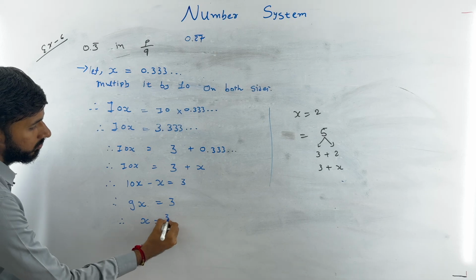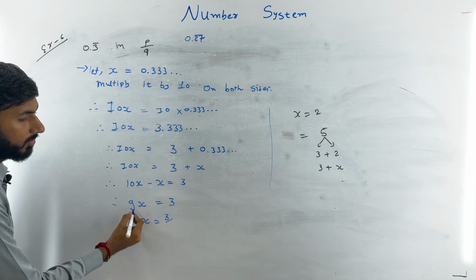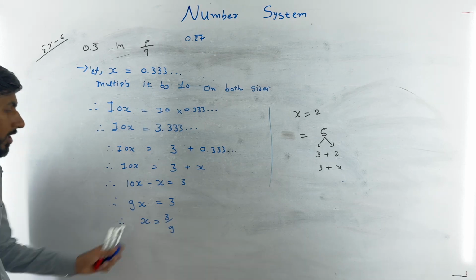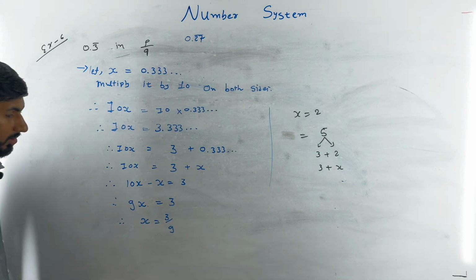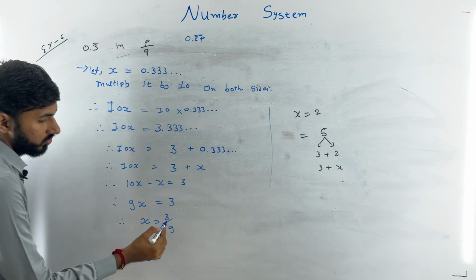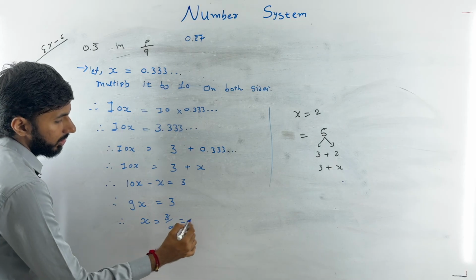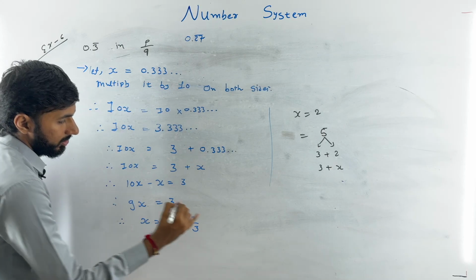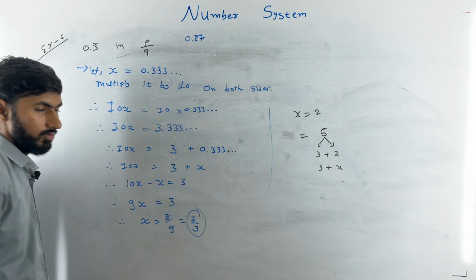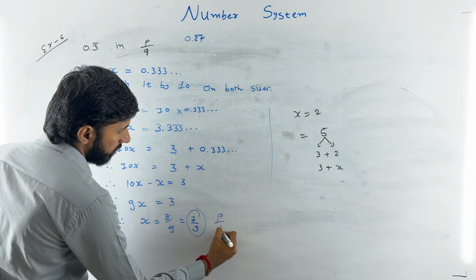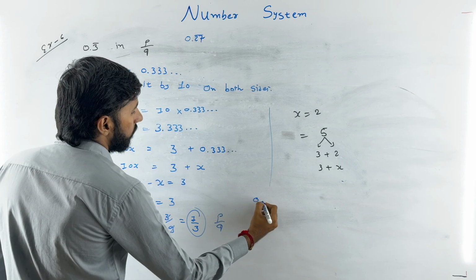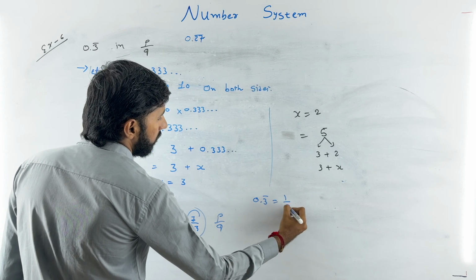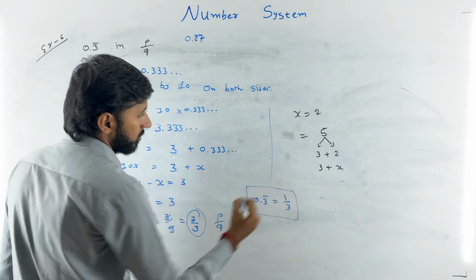So x equal to 3 because 9 is in the form of multiply. If I put 9 on the other side of the equal to sign, I have to do it in the dividing form. So 3 by 9. If I cut it, I get the answer 1 by 3. And this is our answer. It is in the form of P by Q, right? So I can write that 0.3 bar equal to 1 by 3. This is our answer.